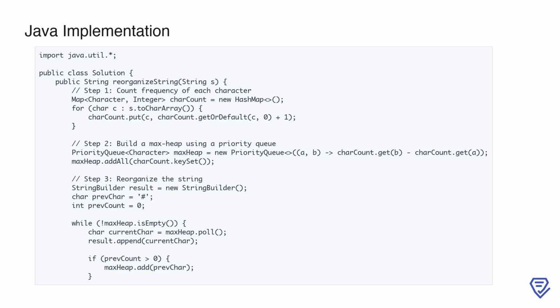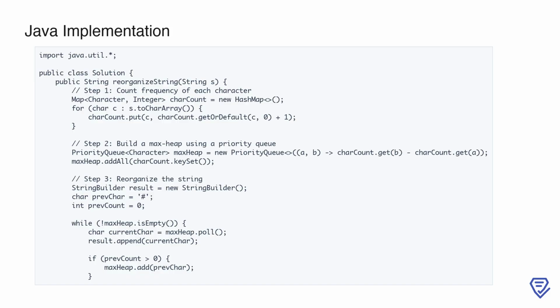Here, we start by importing the necessary libraries and defining our solution class with the reorganizeString method. The first step in the method is to count the frequency of each character in the input string. We do this using a hash map, where each character serves as a key, and its frequency is the value. By iterating through the string with a for-each loop, we populate the map, incrementing the count for each character.